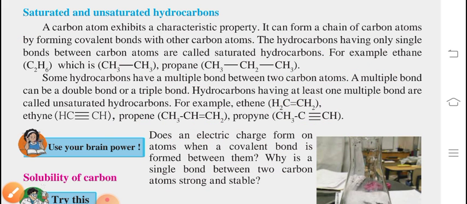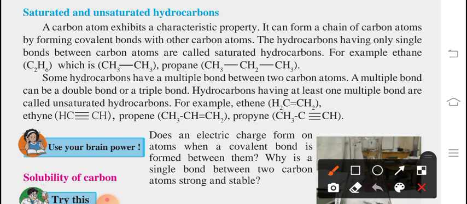We are going to discuss saturated and unsaturated hydrocarbons. A carbon atom exhibits a characteristic property: it can form a chain of carbon atoms by forming covalent bonds with other carbon atoms. The hydrocarbons having only single bonds between carbon atoms are called saturated hydrocarbons.